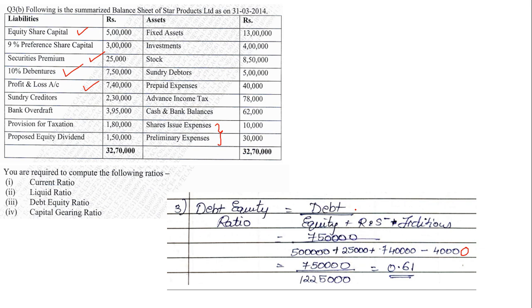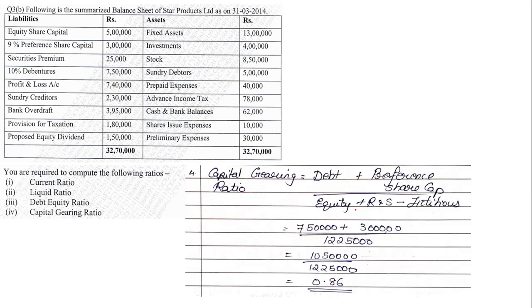Okay, and then last one, we have capital gearing ratio. Formula is debt plus preference share capital upon debt plus preference share capital upon equity plus reserve and surplus less fictitious assets. So let us see for debt and preference share. Debt is 7,50,000, preference share is 3 lakh. So that's our numerator, 7,50,000 and 3 lakh.